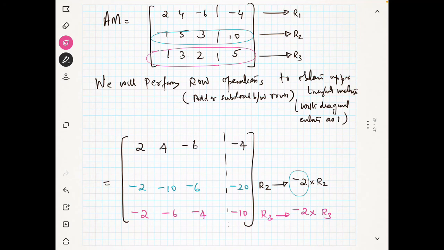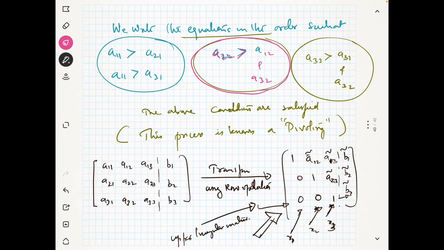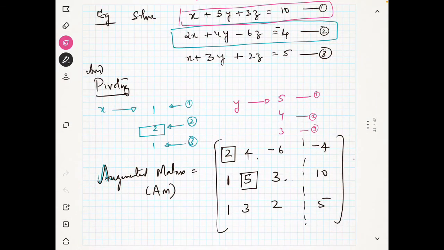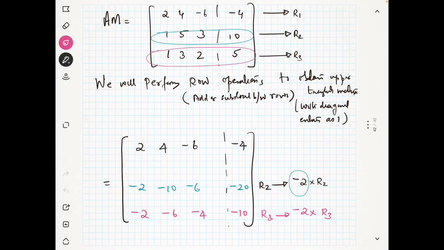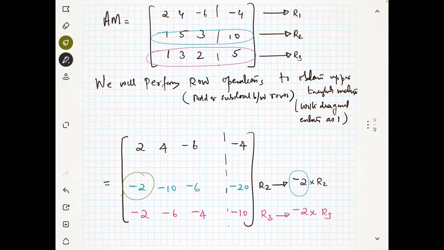After these operations, I told you we want the matrix like this, so that we want the entries here as 0, and this entry as 0. First of all, we will focus on the second element and make it 0.